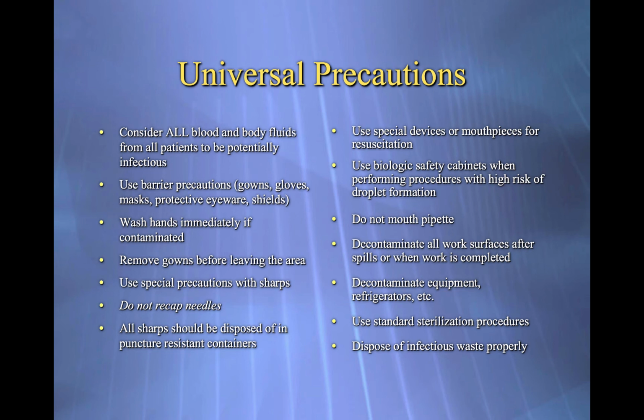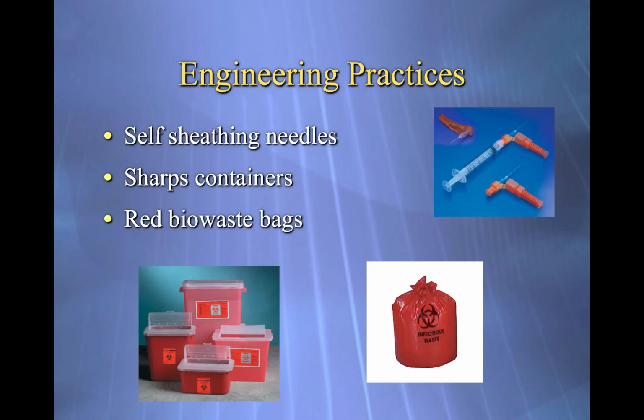You dispose of sharps in puncture-resistant containers. Special devices for resuscitation. That's not for the lab. Biosafety cabinets when performing procedures with droplet formation. Don't mouth pipette. Decontaminate your work surfaces. Decontaminate your equipment. Use standard sterilization procedures, and dispose of your infectious waste properly. That's all universal precautions against biohazards.